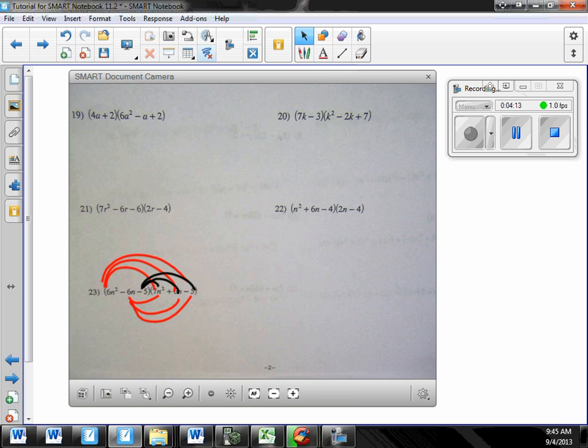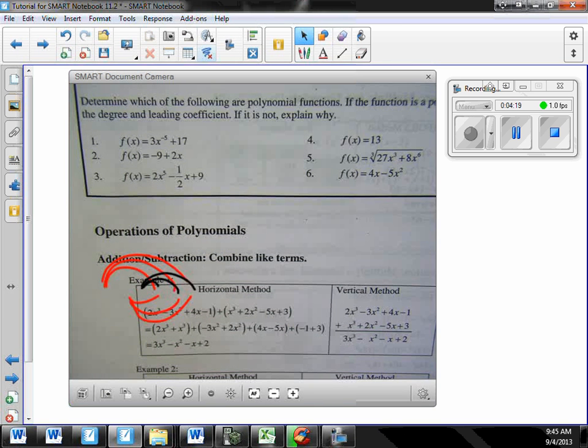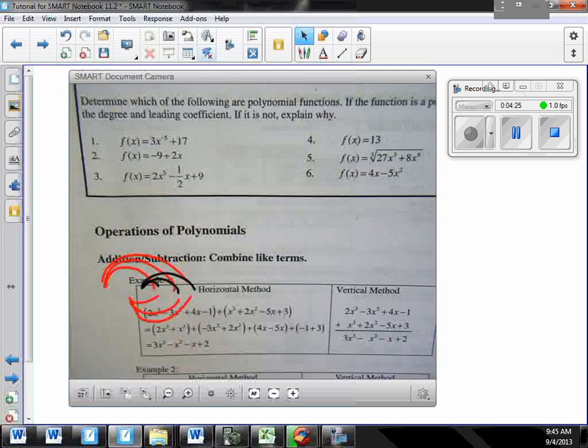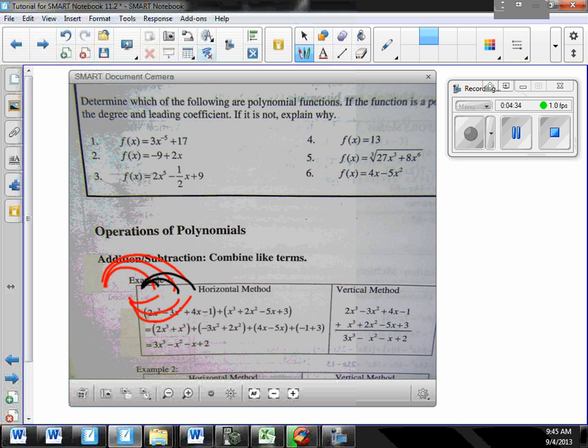You don't actually need to write that down. So looking at number 1, is number 1 a polynomial? No. Why is it not a polynomial? It's x to a negative number. So number 1 is a no.